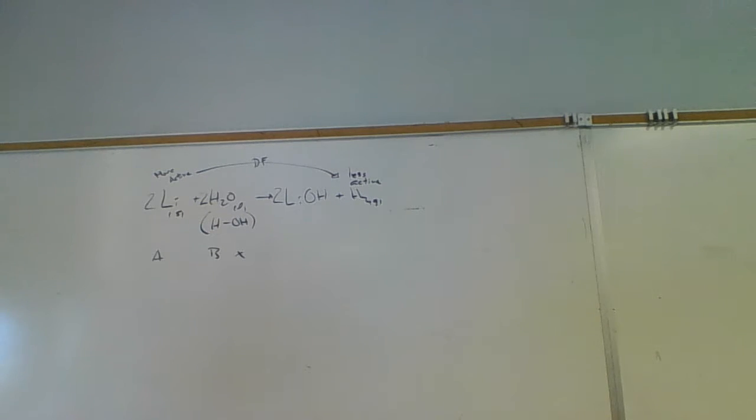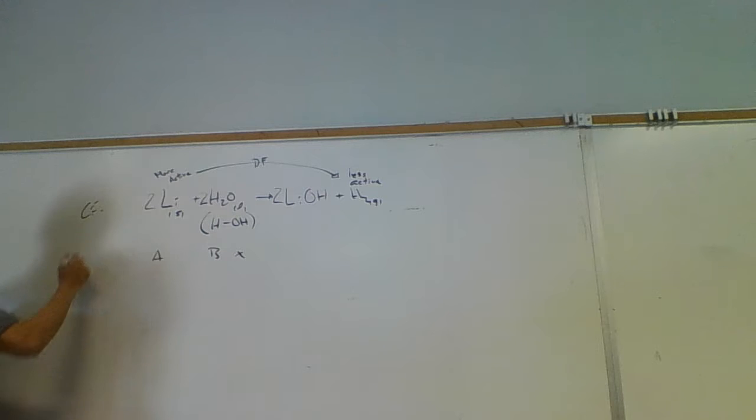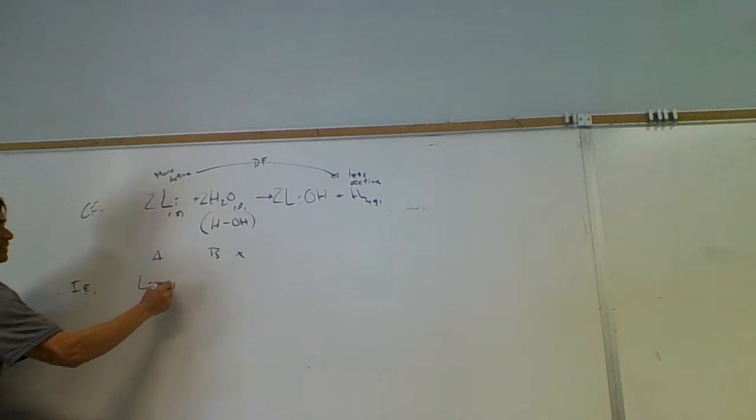2 Li solids plus 2 H2O liquids yields, oh, they wanted an anionic. I didn't finish this then. This is the CE, and then we'll get the IE. What do we do with lithium in the IE? It stays the same. Water?